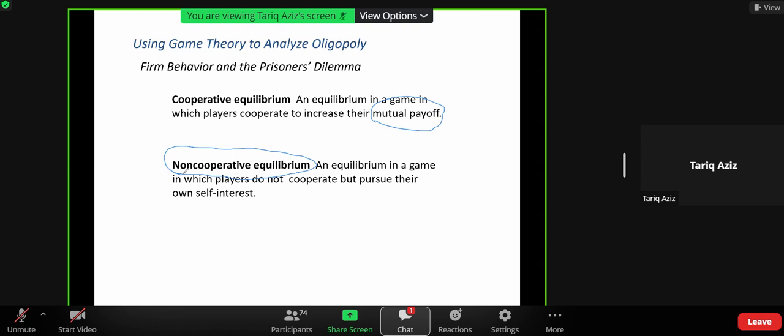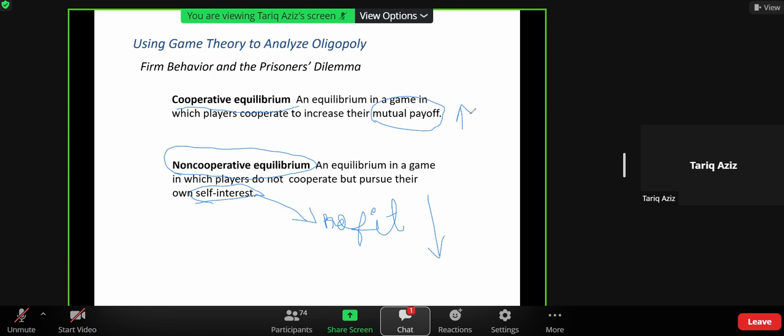It is an equilibrium in a game in which players do not cooperate but pursue their own self-interest. This self-interest looks very attractive, but because of self-interest their profit declines, and because of cooperation among themselves, their profit is maximized.